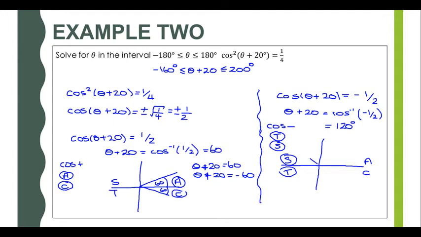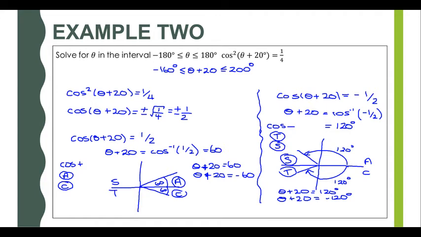So I can draw those on. So my solutions for theta plus 20 are plus 120 degrees, which is in my range, and minus 120 degrees, which is also in my range.